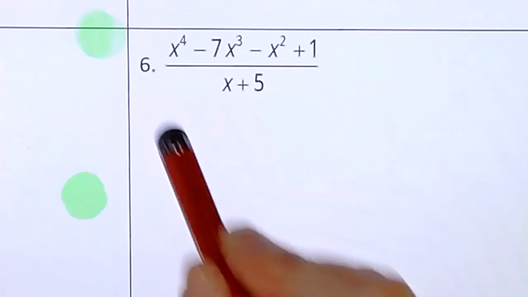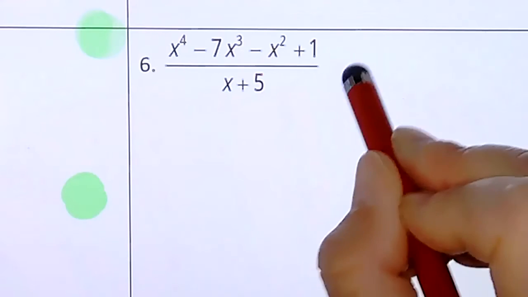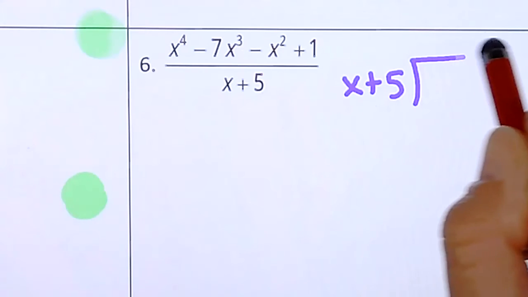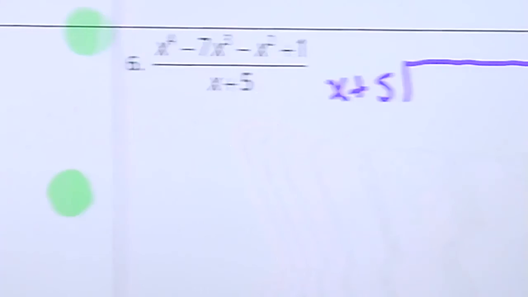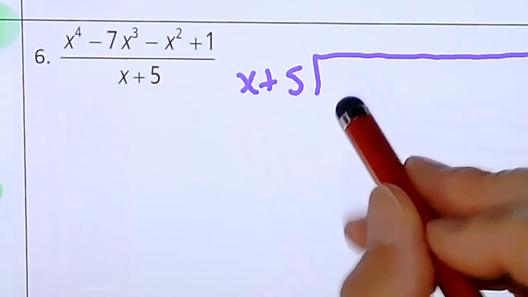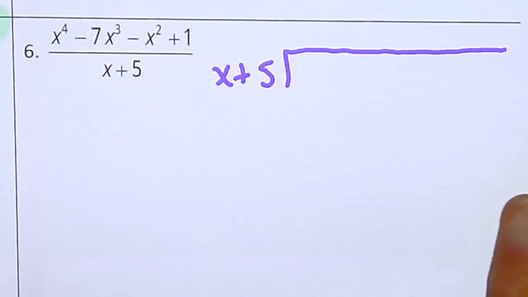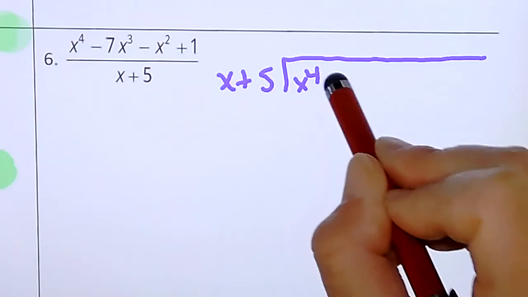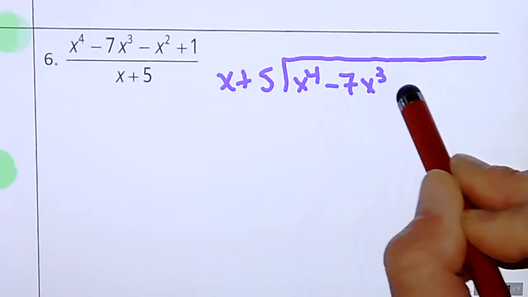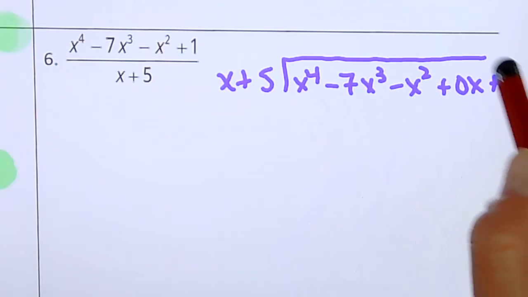So I'm going to have x plus 5 into x to the 4th. I'm going to shrink this a little bit so we can see the x to the 4th minus 7x to the 3rd minus x squared plus 0x plus 1.